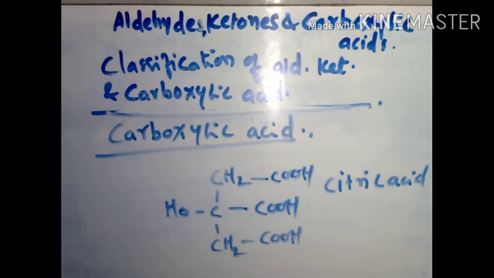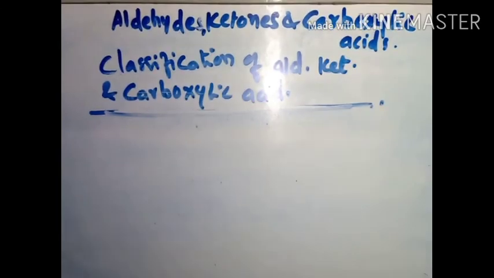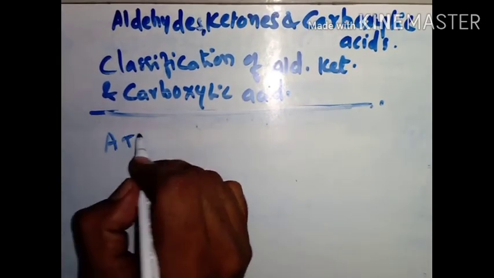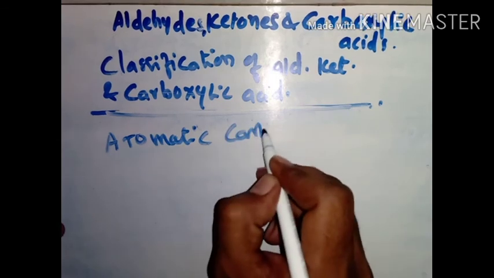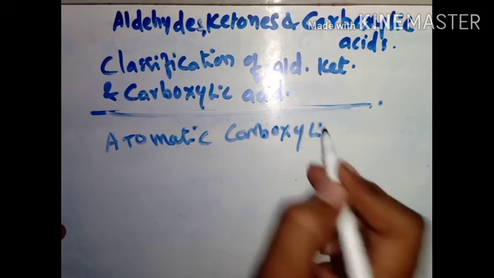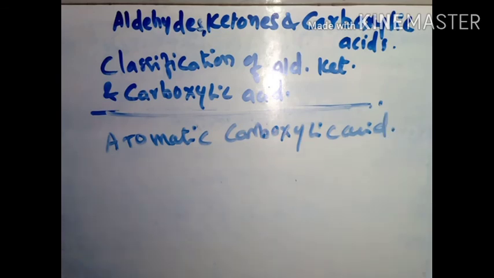Now another class we can take is the aromatic carboxylic acid. These are the compounds in which one or more carboxyl groups are directly attached to an aromatic ring.